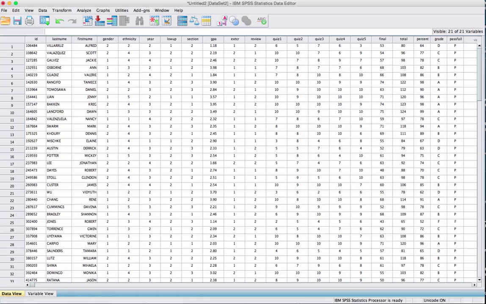Now, they're not going to be exactly equal, but we don't want them to be significantly different. And our Levene's test, that's part of the t-test output, will tell us that.